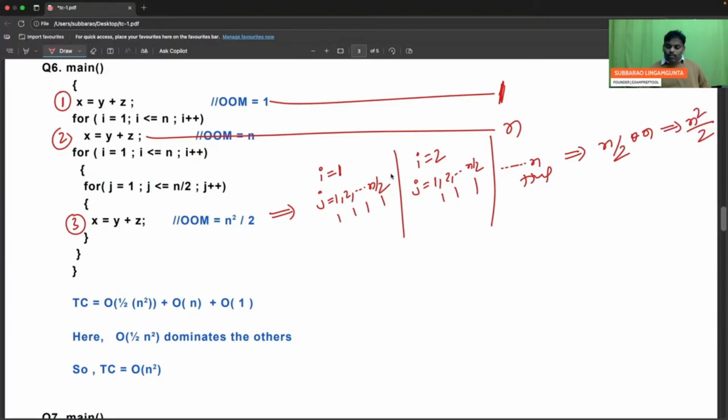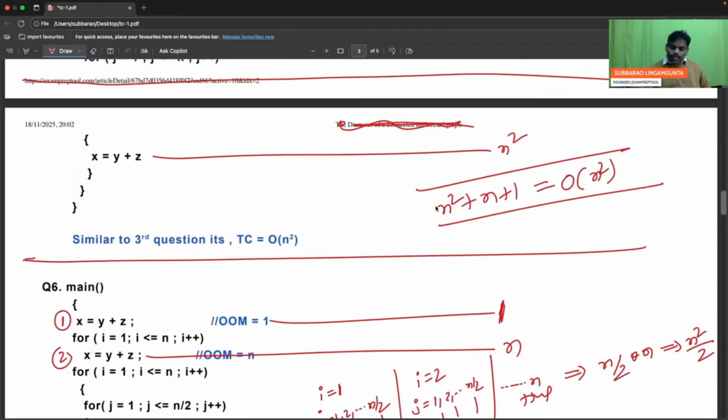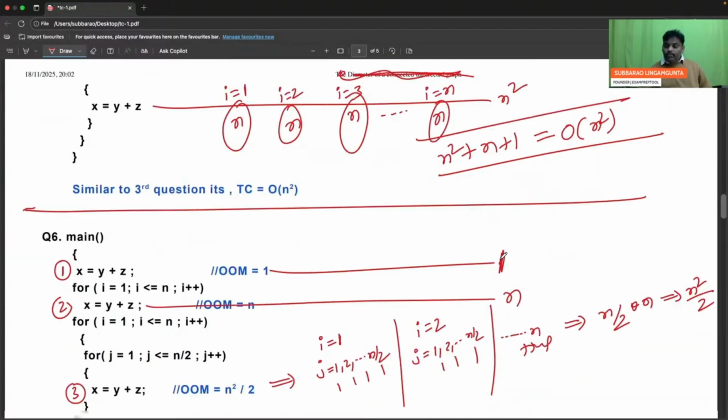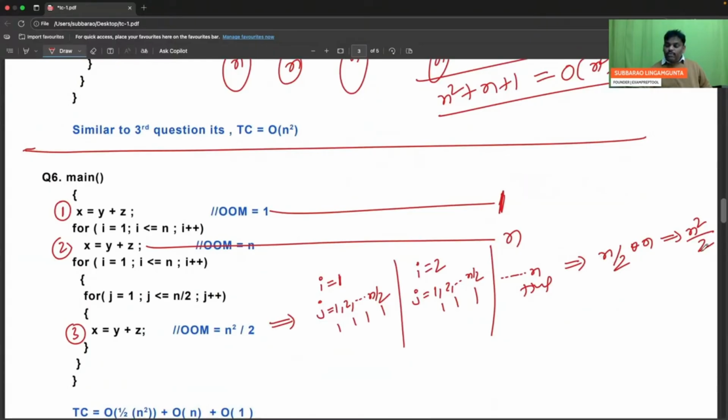But in the previous problem, each i value ran n times, so n times n. Here it is n times n by 2, which is n square by 2.